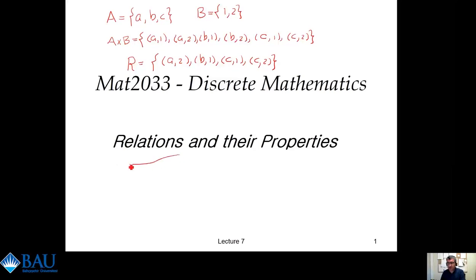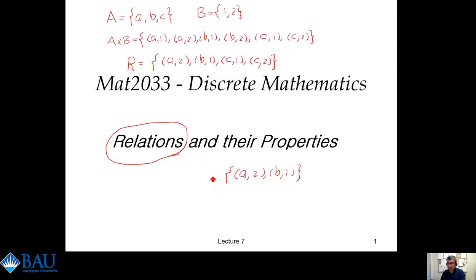So what's a relation? A relation is a subset of a Cartesian product. Any subset of a Cartesian product, we call it a relation. So if I give you one set and ask, is that a relation or not? Like this one, pay attention: A2, B1.